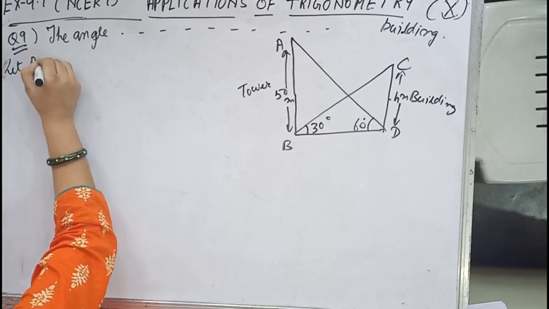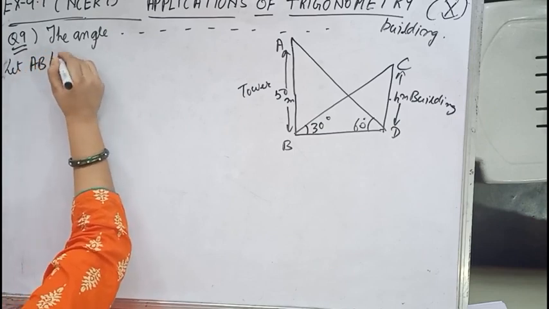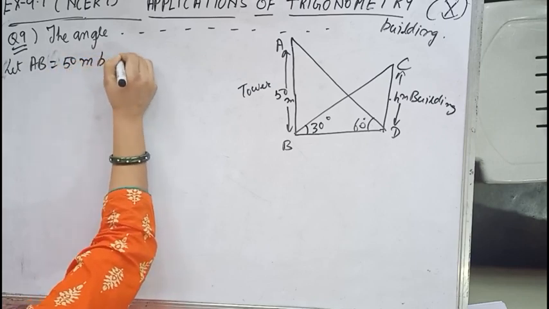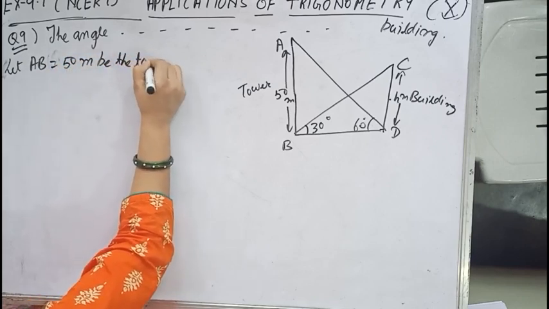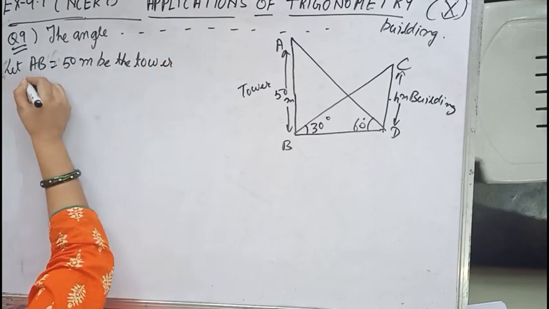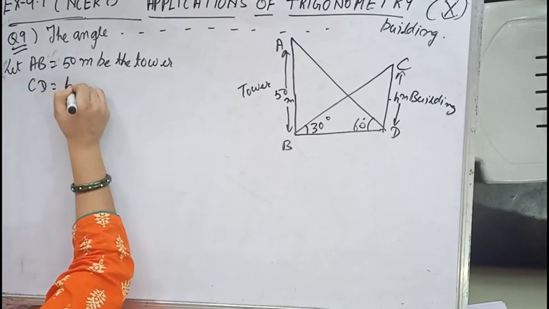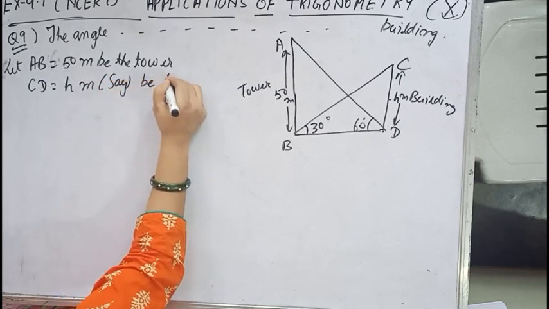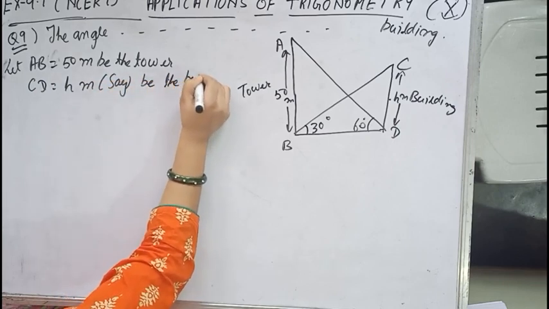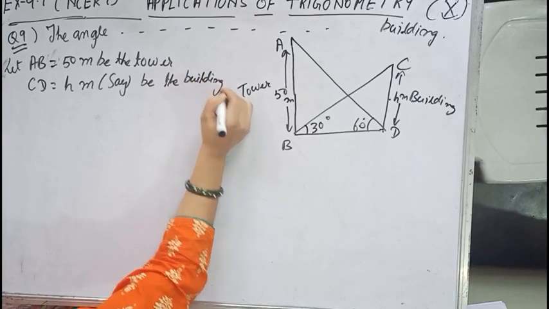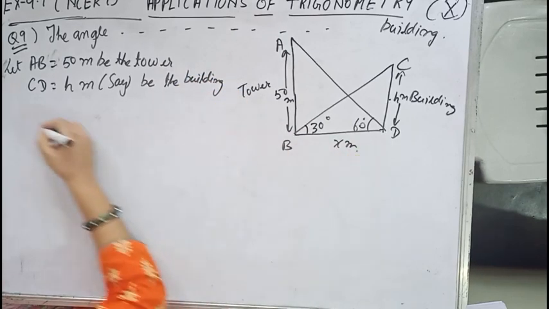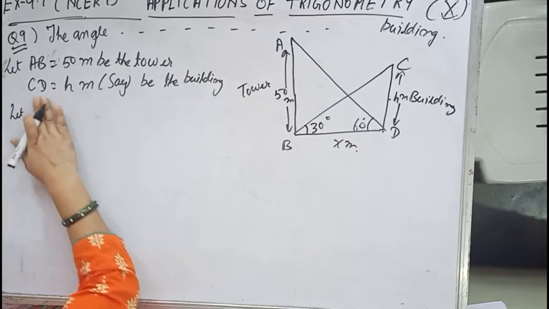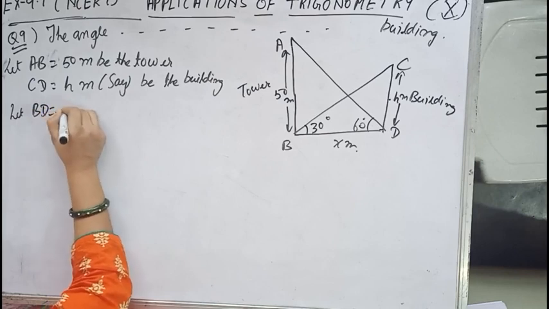Let AB equals to 50 meter be the tower, and CD equals to h meter say be the building. Let us suppose this one is x meter. Let BD equals to x meter.